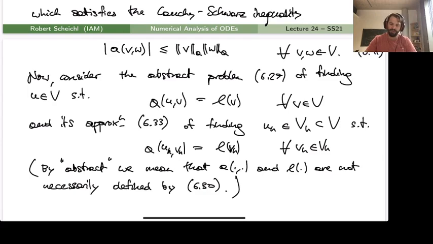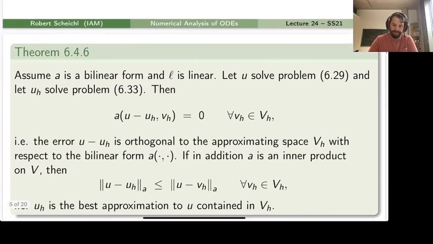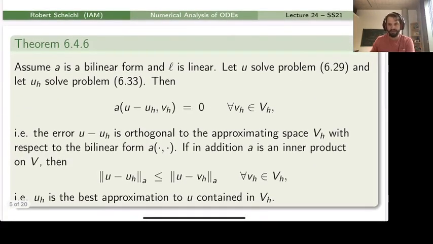Okay, so now we have the following theorem. Assume A is a bilinear form as I just defined, and L is linear. So in the first statement, we don't need an inner product. We just need that A is a bilinear form and L is linear. Then let's assume U solves the continuous problem 6.29 in V, and U_H solves the approximate weak form 6.33.